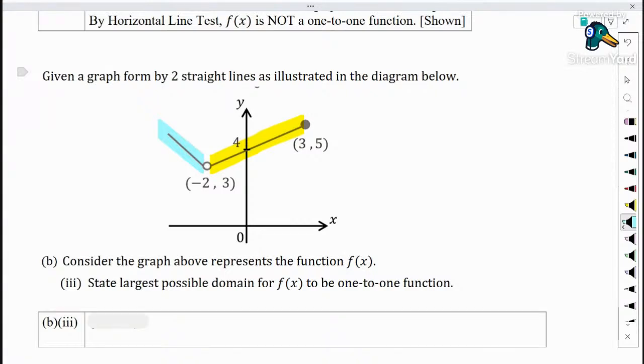But among the blue and the yellow, which one has a larger domain? This is something I need to consider. The domain refers to the interval of x values. For the yellow, it's actually between -2 and 3.